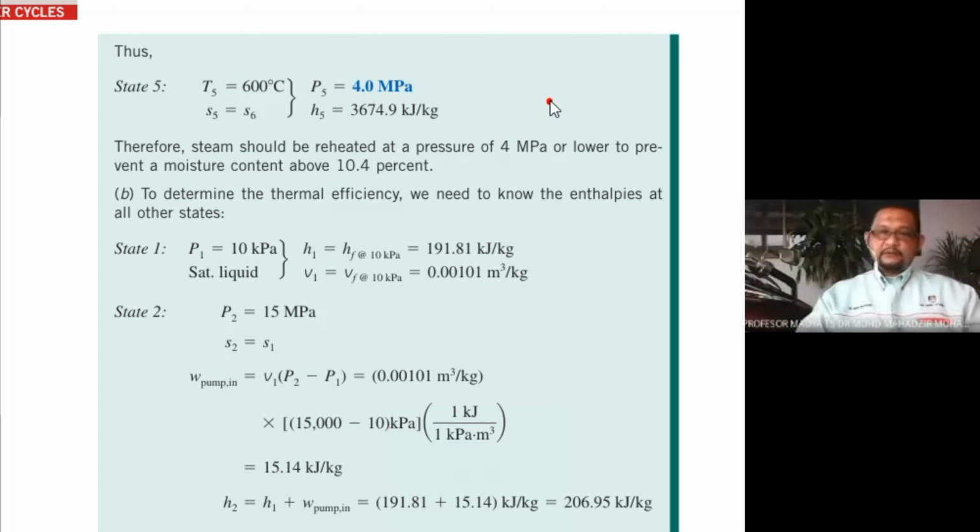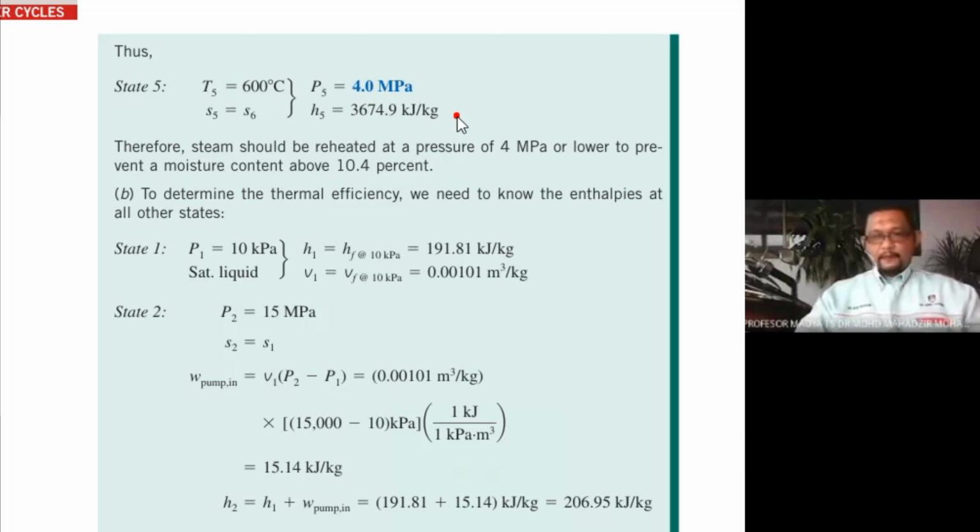From there you will find that these two values are in the column of pressure 4 megapascal. Okay, 4 megapascal. At that point you also take H5 as output, because this enthalpy of state number 5 will be used in the next finding.